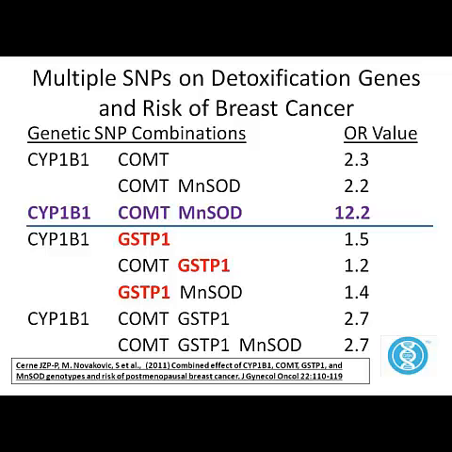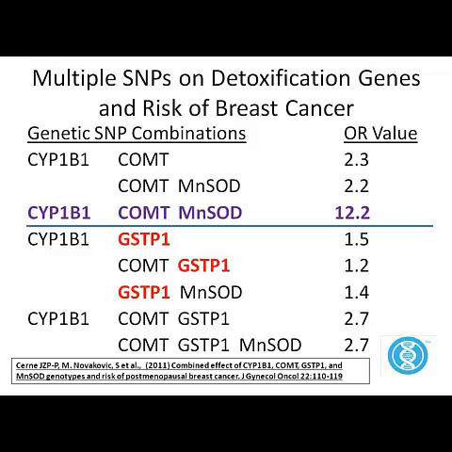And while the other combination of SNPs were significantly less than 12, SNP combinations in this estrogen gene pathway resulted in OR values greater than 2 for the following 2 SNP combinations, CYP1B1 and COMT, or COMT and MNSOD.